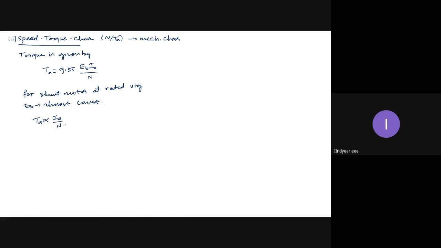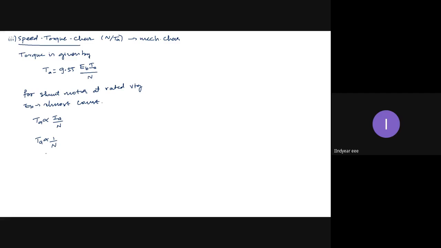But with respect to speed, my torque is inversely proportional to speed. Generally, this is the case in all the motors. As per this relation, as the speed increases, torque should decrease.